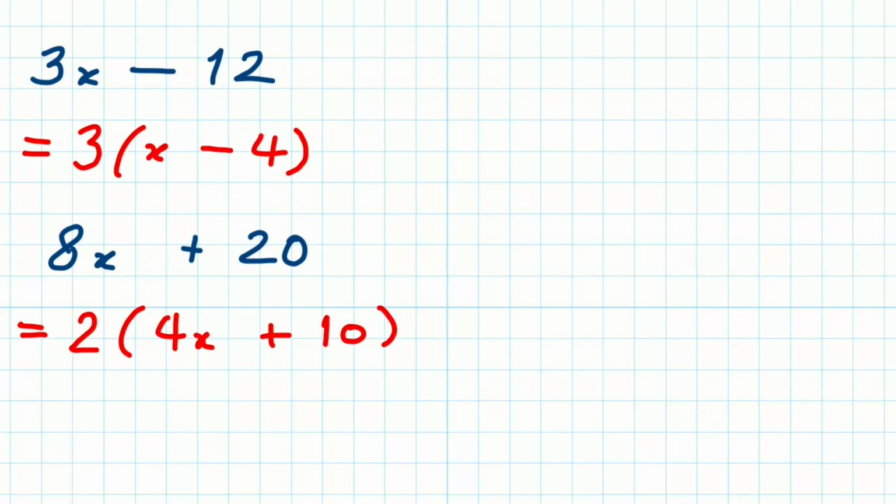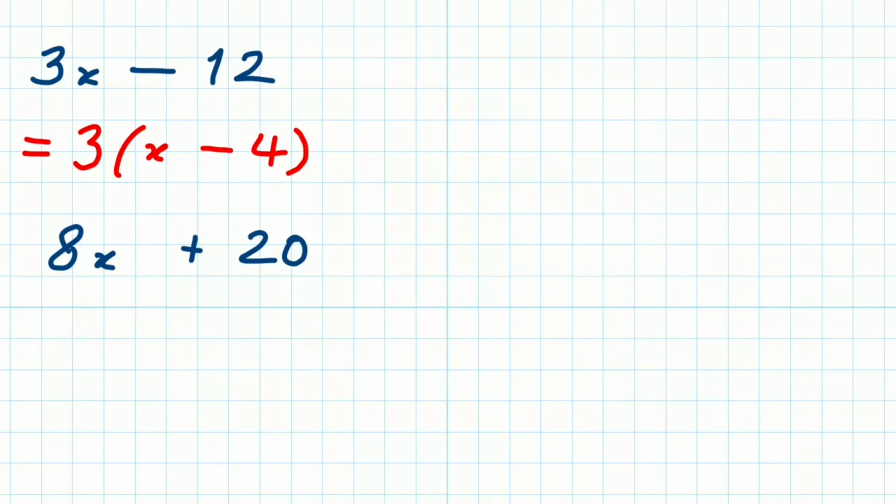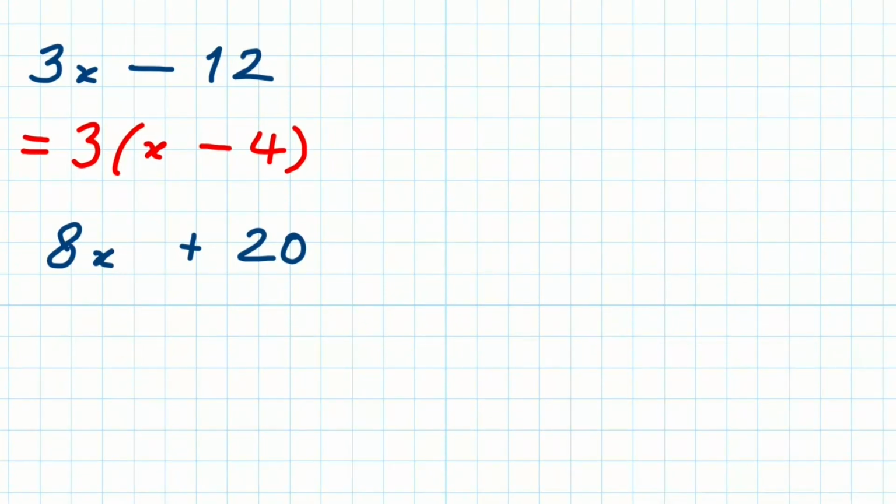And indeed, if you multiply that out, you do get 8x plus 20. However, that is not the answer we want. We want to take out the highest common factor. And you may have realised the number we could have taken out was 4. 8 and 20 are both in the 4 times table. The answer we should get is 4 open bracket 2x plus 5 close bracket.